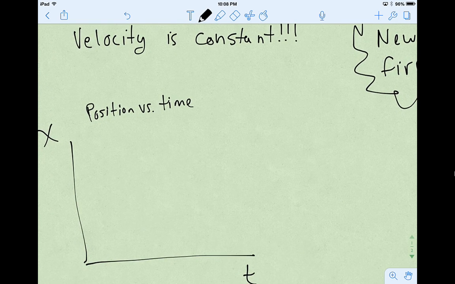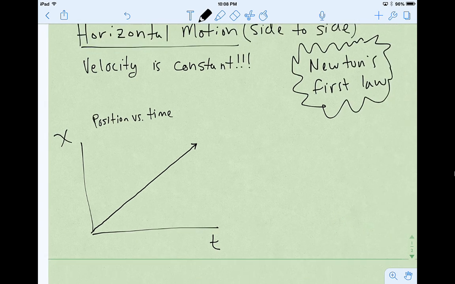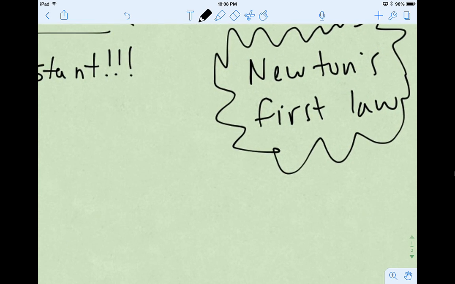And remember that my position is going to increase at constant velocity. So it's going to be that nice flat angled line, because remember that the position away from zero is increasing. It's getting farther away from zero. And then my velocity versus time.